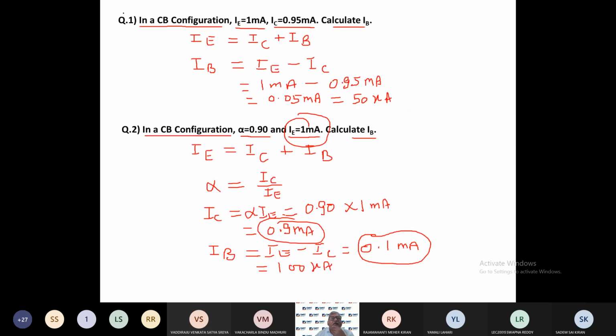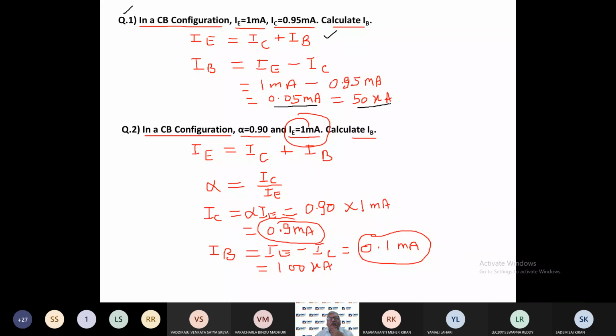So there are very small numericals. In common base configuration, IE is 1 milliampere, IC is 0.95 milliampere. Calculate IB. So directly this expression we know: IE is equal to IC plus IB. So IB is equal to IE minus IC. IE is given 1 milliampere, IC is given 0.95 milliampere. So we will get IB 0.05 milliampere.